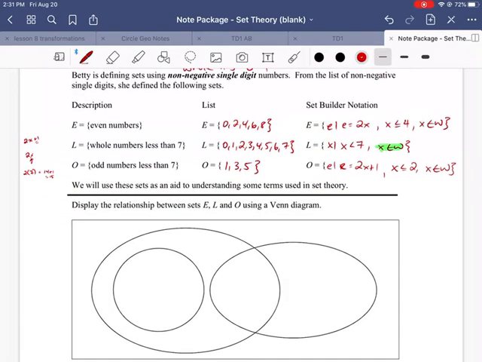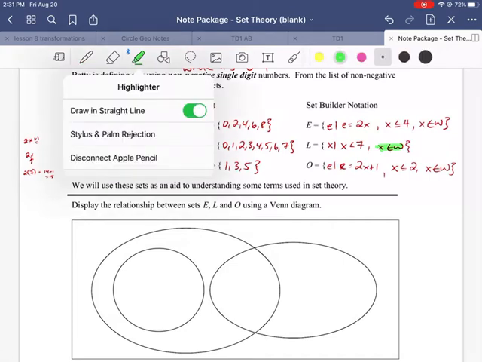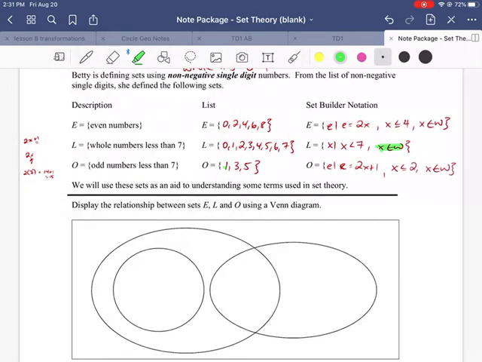So let's display the relationship between sets E, L, and O using a Venn diagram. If you notice, 1, 3, and 5 are contained in set L, right? They're the same numbers. So if we put 1, 3, and 5, that's going to be set O. I'll just use a different color here.